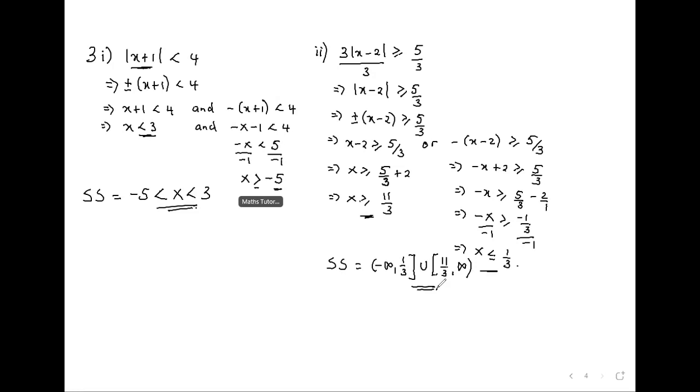If you can't form the intervals, then you write the solution set is x a real number such that x is less or equal to 1 over 3, or x is greater or equal to 11 over 3. You close like that.